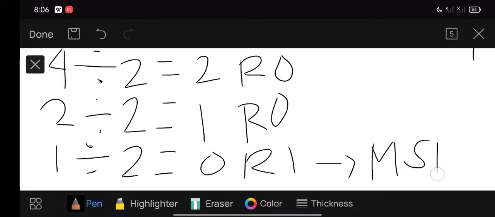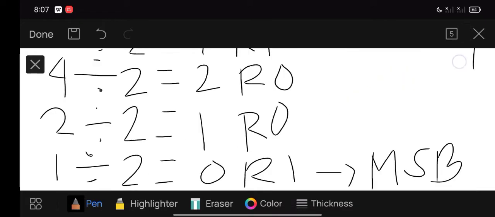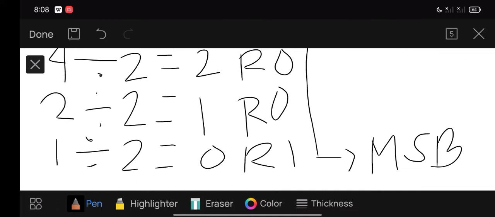So at the bottom, you have the MSB, most significant bit. At the top, you have the LSB, or the least significant bit. Now the way you read it is from the most significant bit to the least significant bit. So look at the numbers now that we have.